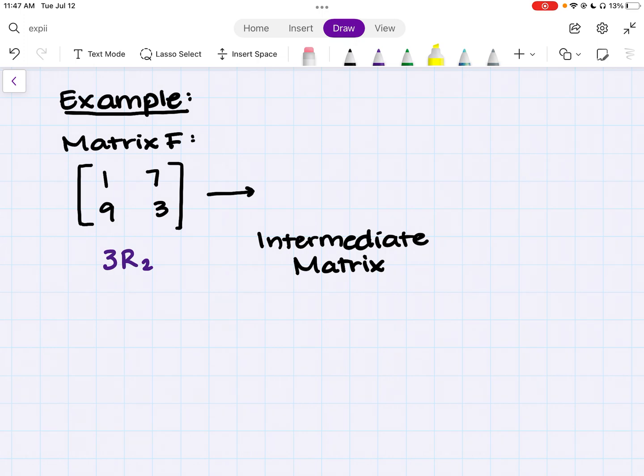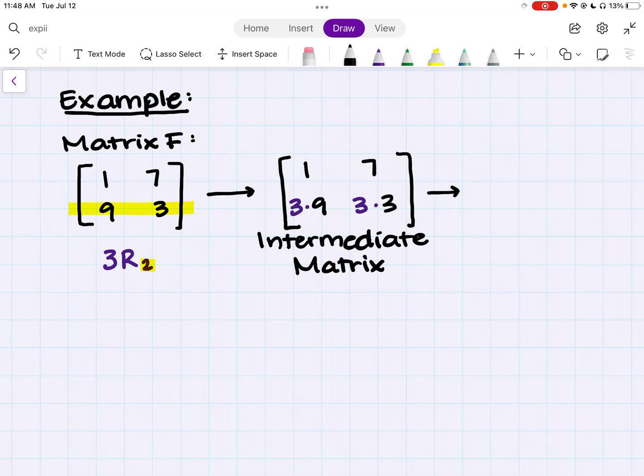So we know we are dealing with row 2, and so that's this row right here. So row 1 is not changing, so we can rewrite row 1 as usual. And we're going to apply this row multiplication to row 2, multiplying each entry in row 2 by the number 3, because that's our constant.